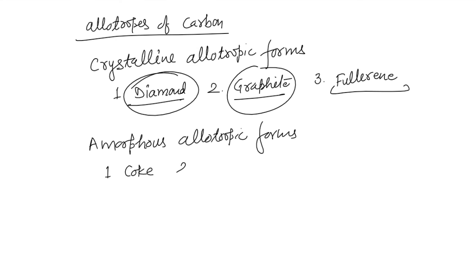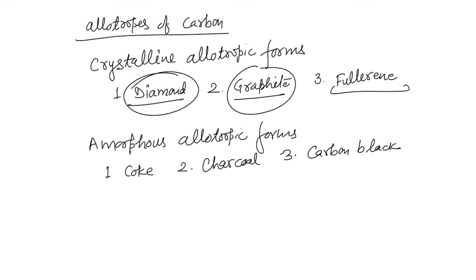It is coke, it is charcoal, it is carbon black. So these are the different amorphous allotropic forms of carbon, right? So you can write this much about the allotropes.